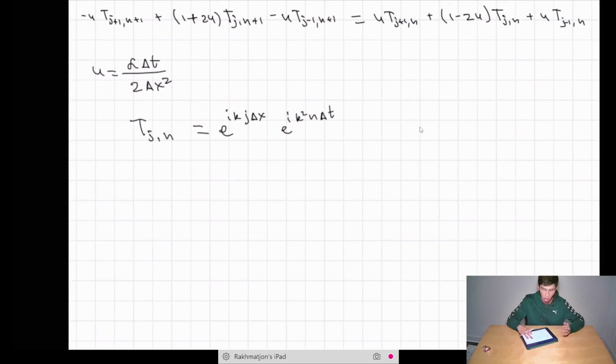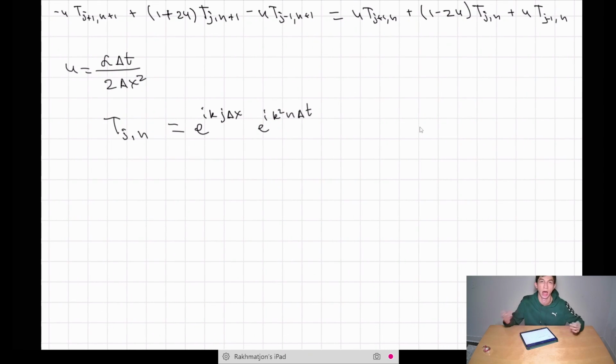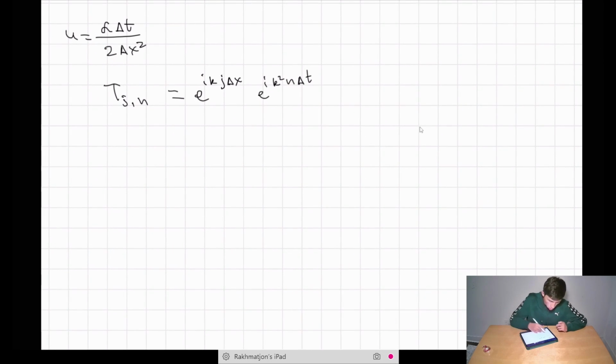So in our von Neumann stability analysis, that's how we express the temperature at a particular time at a particular section of our bar.